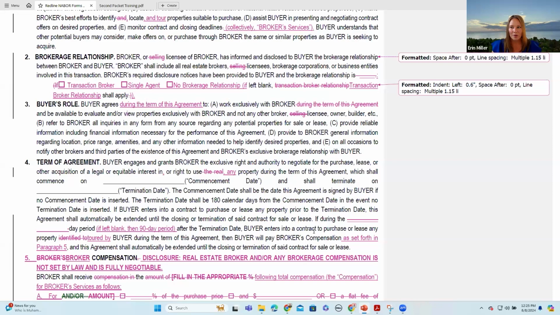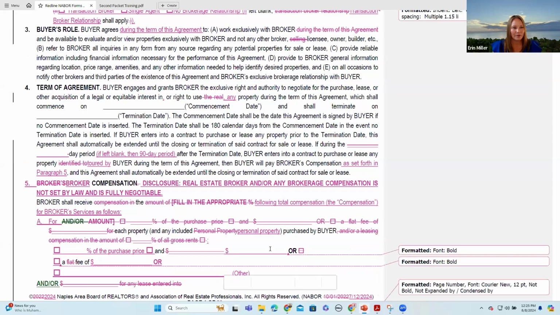Okay, paragraph 4, we've got our term of agreement. Similar to our term of agreement on all of our other forms, the term allows the broker the exclusive right and authority to negotiate either for the purchase or lease or other acquisition of any property during the term of this agreement, which commences on the commencement date and will terminate on the termination date.